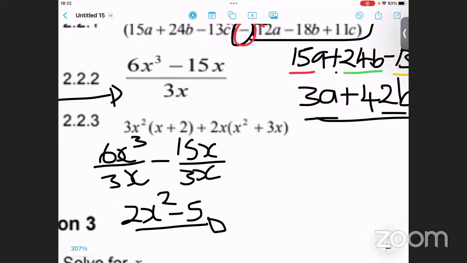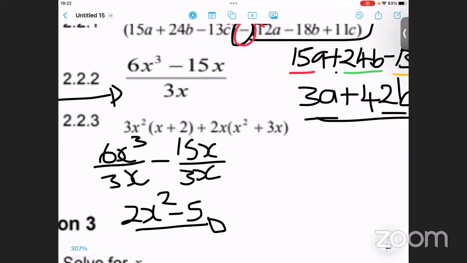Okay, now you're next with your 2.2.3, where you have to simplify 3x squared into x plus 2, close the bracket, plus 2x into x squared plus 3x, close the bracket. How are we going to simplify that?